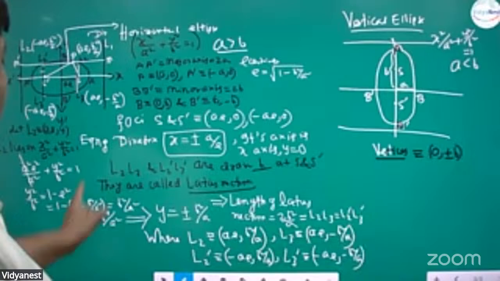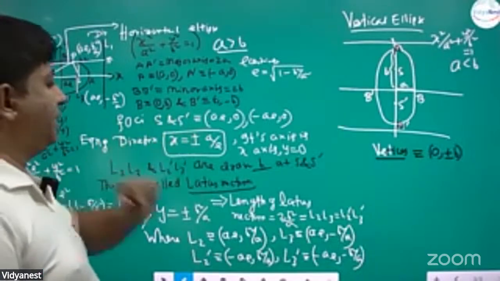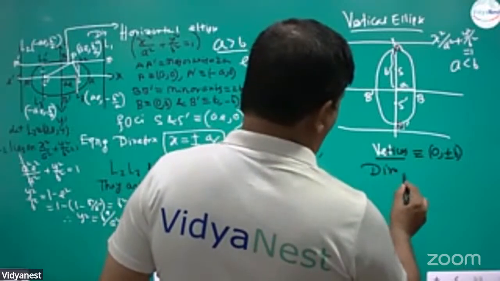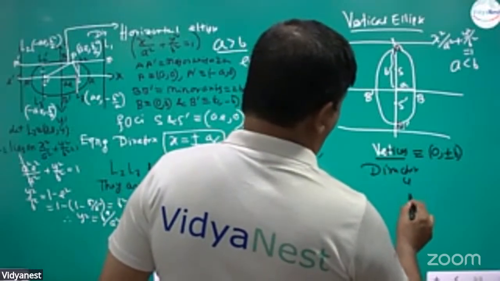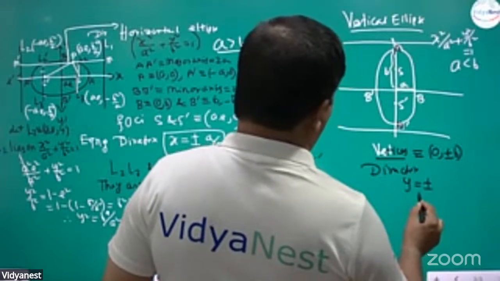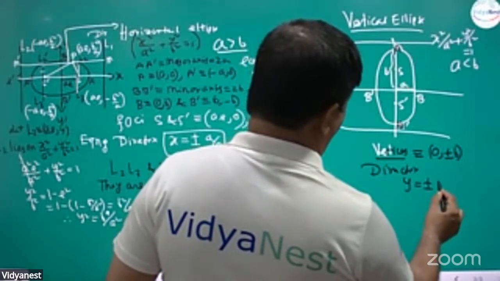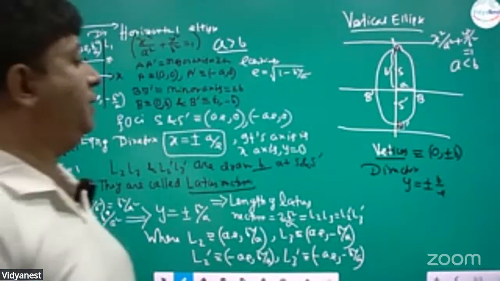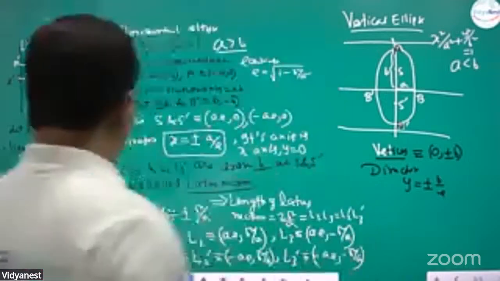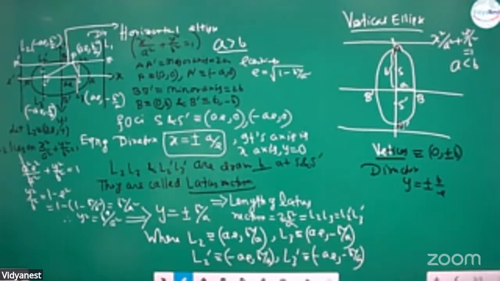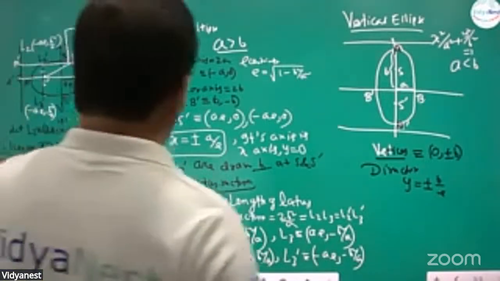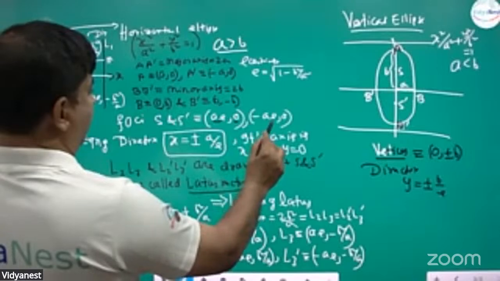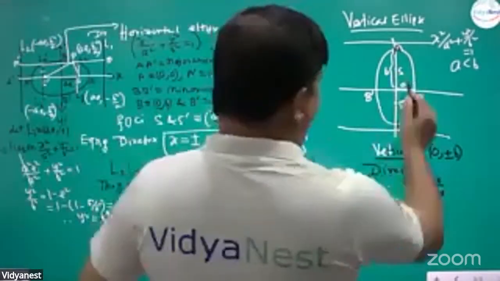We got directrix x is equal to plus minus a by e. Now the directrix is y is equal to plus minus b by e. We got foci at plus minus ae, 0. Now, since A is 0, it will lie on the y-axis.